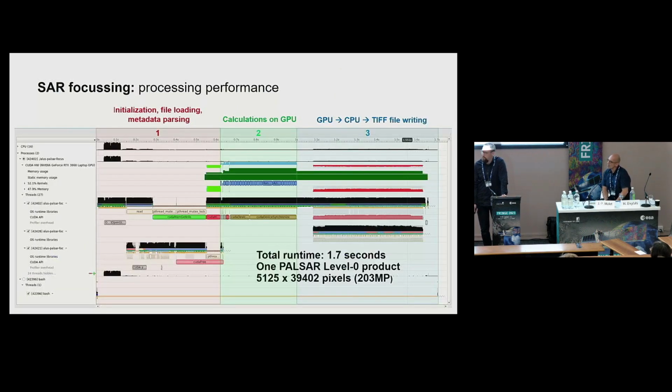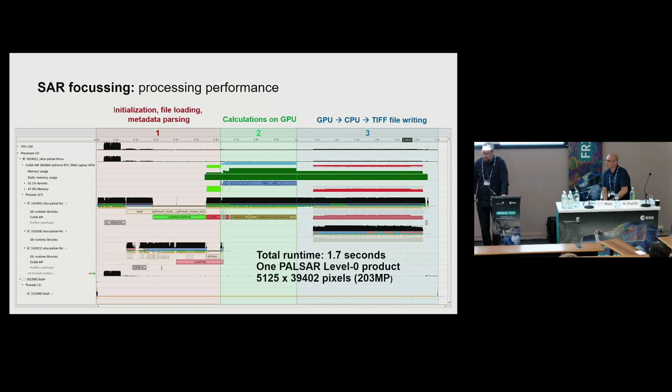I have a particular slide about the processing performance of this SAR focusing. The total runtime of the focuser was around 1.7 seconds for one PALSAR level 0 product, which is around 203 megapixels, so a quite large image. And the calculations on the GPU took around 0.3, 0.4 seconds.